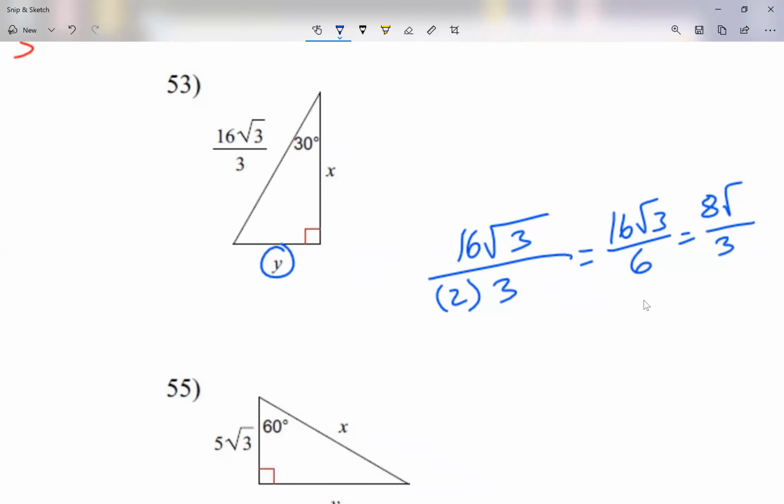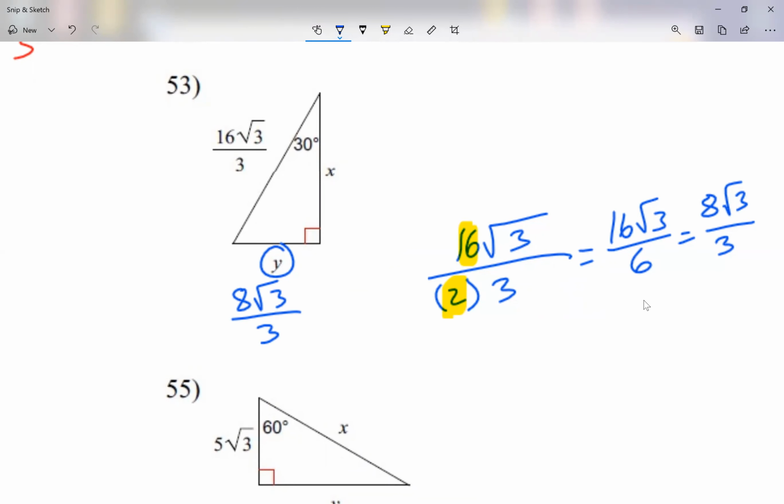So I have 8 radical 3 over 3. That's one way to solve it. You could have just seen 16 over 2, which simplifies to 8 over 1, so a little bit easier. So now we found that y, the small side, is 8 radical 3 over 3.